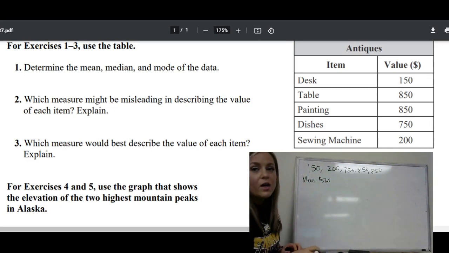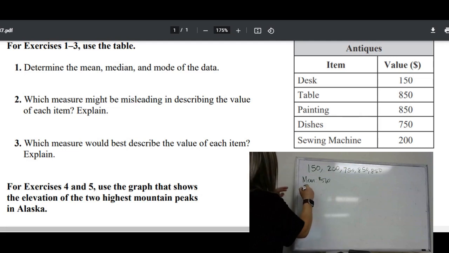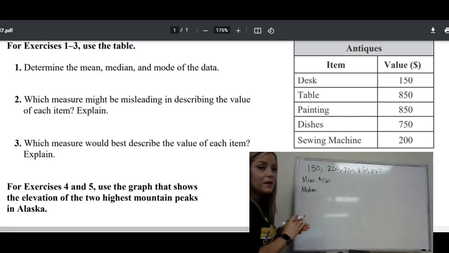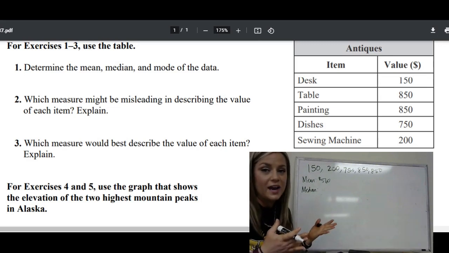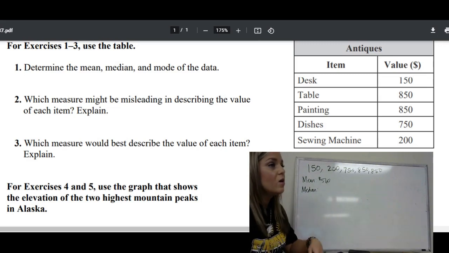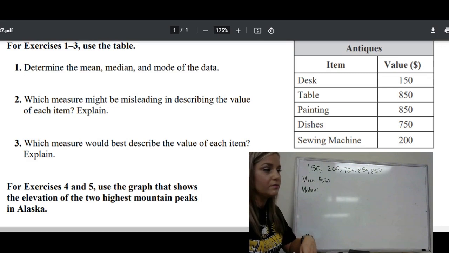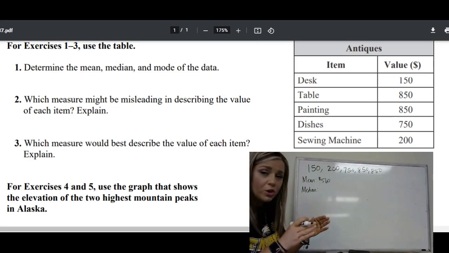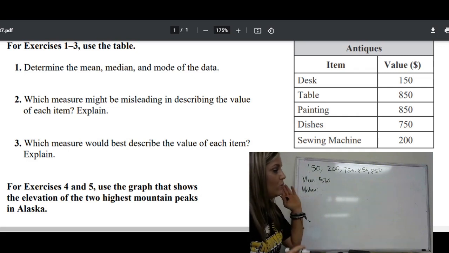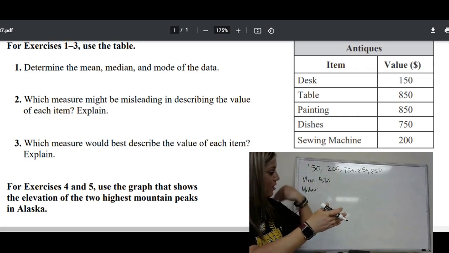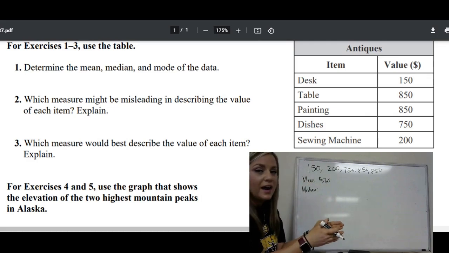All right, now, the median. We know median means middle number. If you think about the interstate, when you're driving to Corsicana or to Dallas or Houston, when you get on 45, you have northbound and you have southbound. And in the middle is that grassy area.